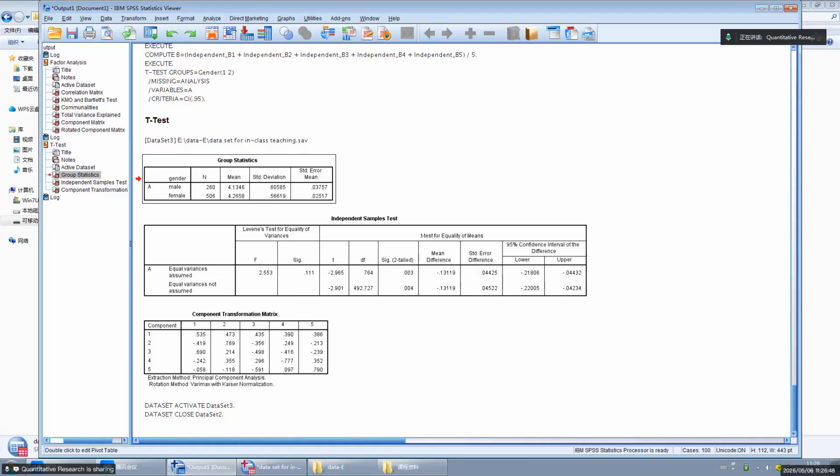Then you say specifically, girls score significantly higher than boys, right?